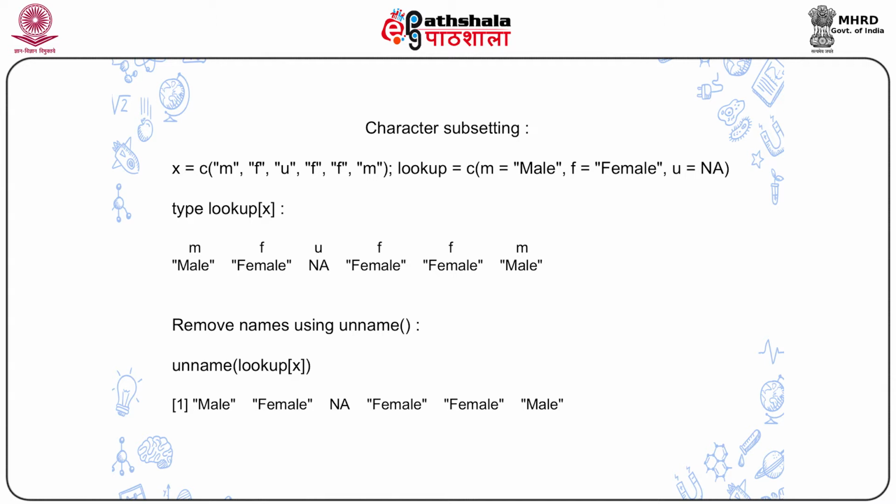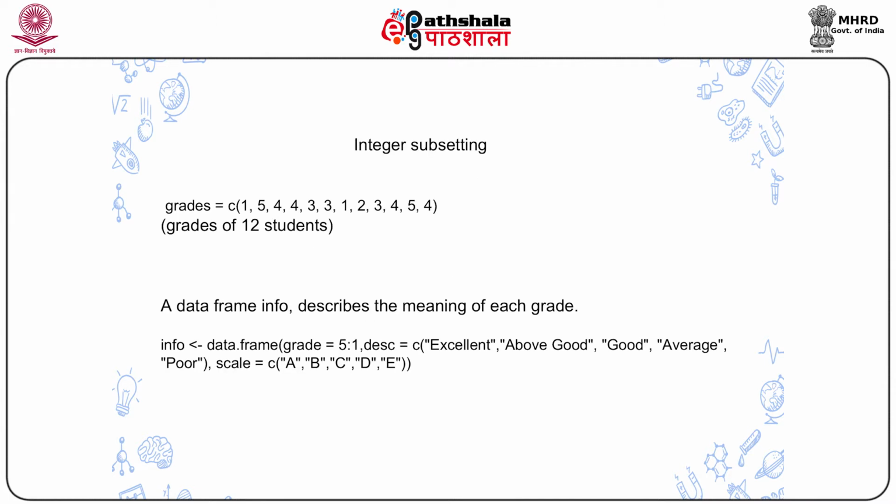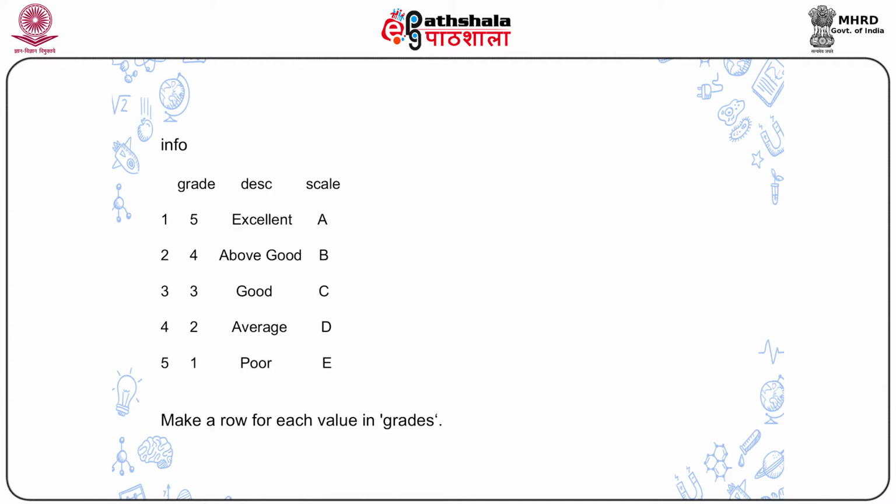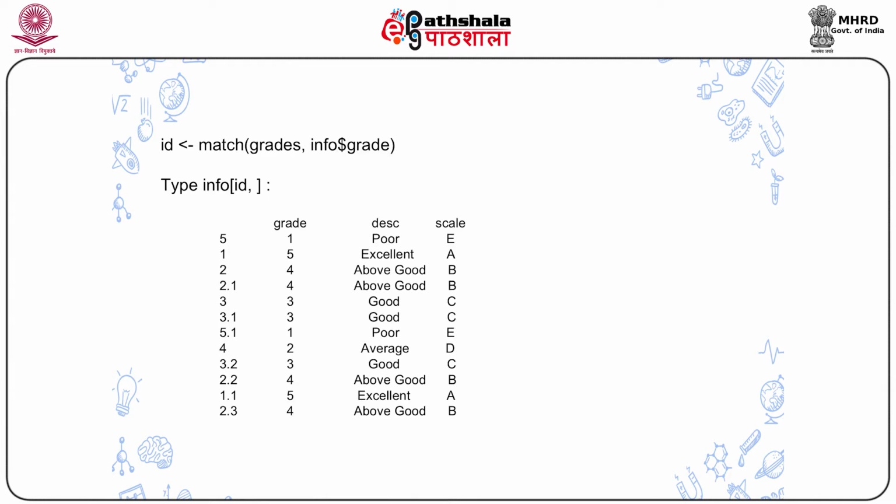You may have a more complicated lookup table which has multiple columns of information. Suppose we have a vector of integer grades and a table that describes their properties. So, grades is the vector of integer grades containing grades of 12 students. Now, suppose the table which contains the properties is given in a data frame called info. So, here is our info data frame.